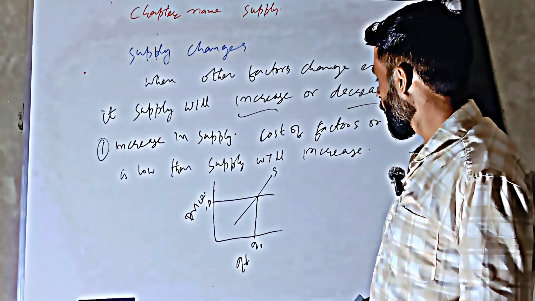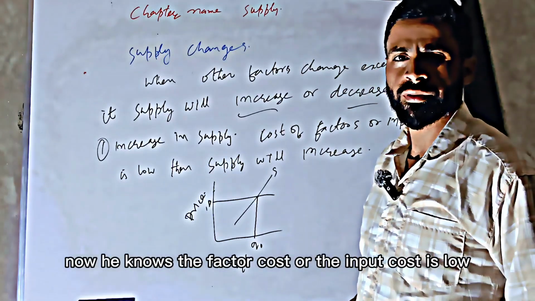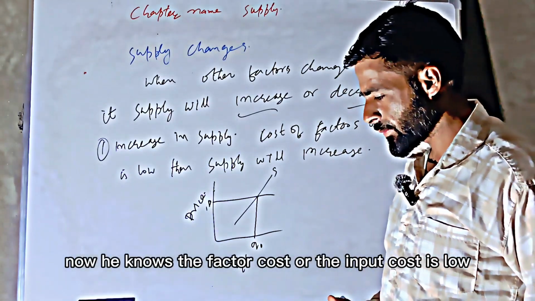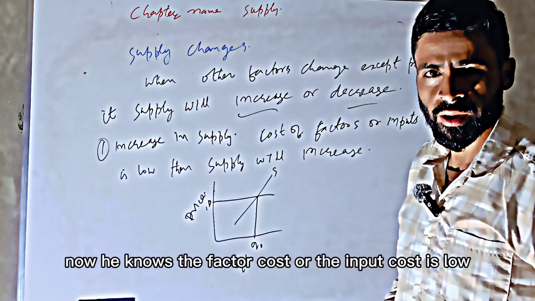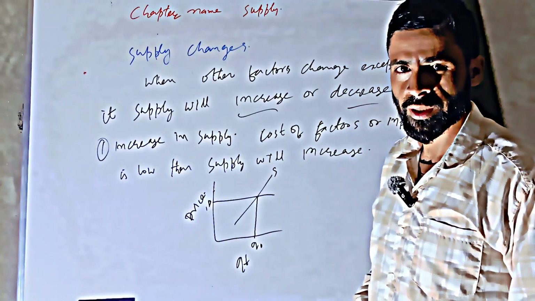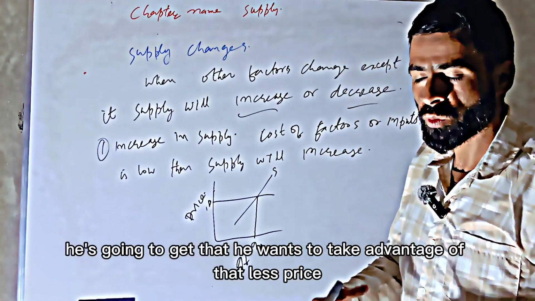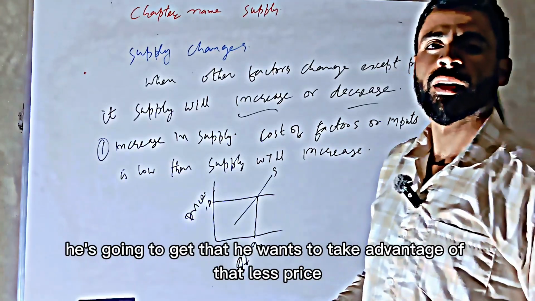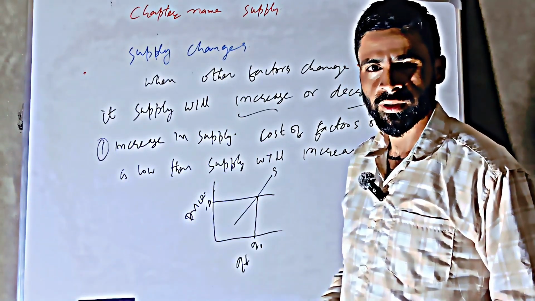But now he knows the factor cost or the input cost is low. So what is he going to do now? Definitely he wants to take advantage of that lower cost.